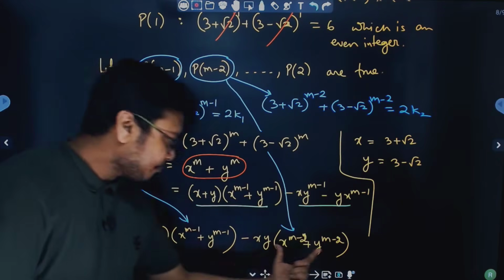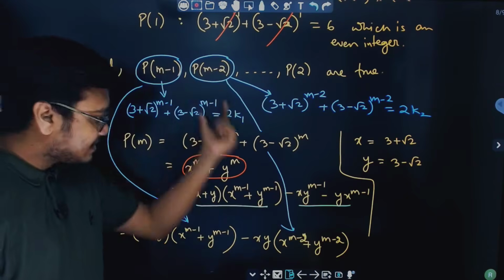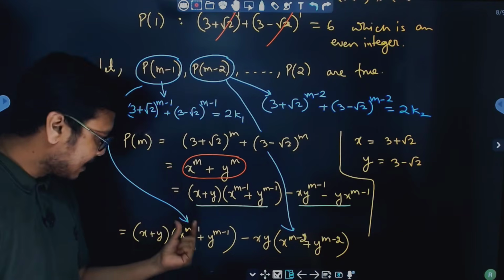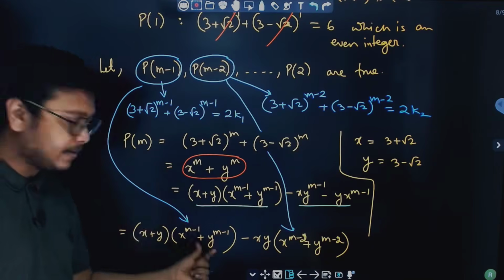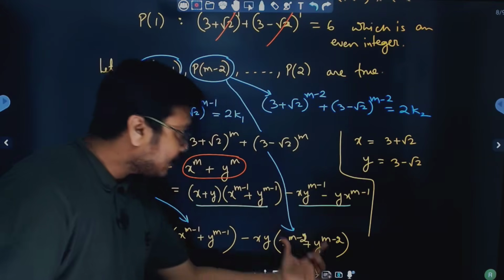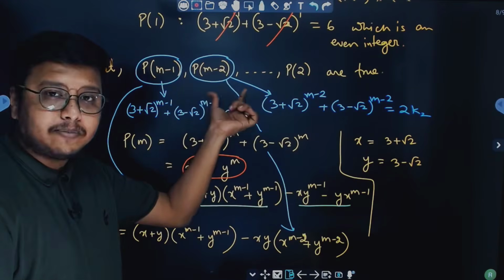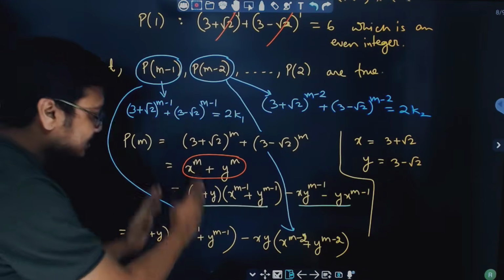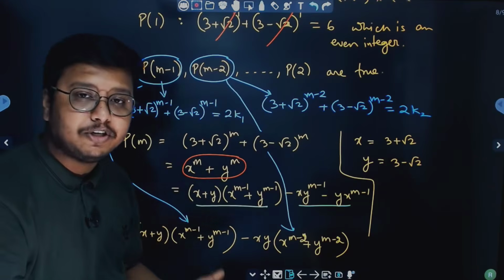So I can see that the m minus 2th statement is present over here, and the m minus 1th statement is present over here. So as you can see, I require the m minus 2th statement. Just the m minus 1th statement is not sufficient here.